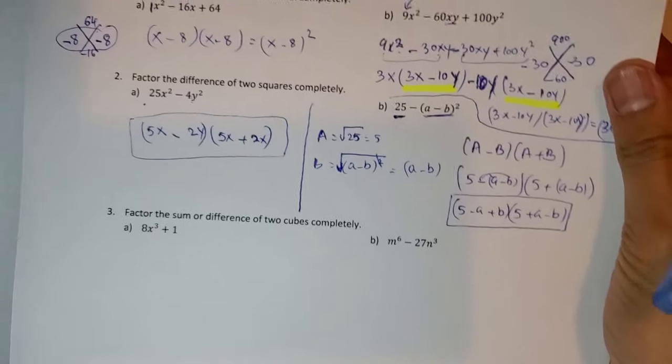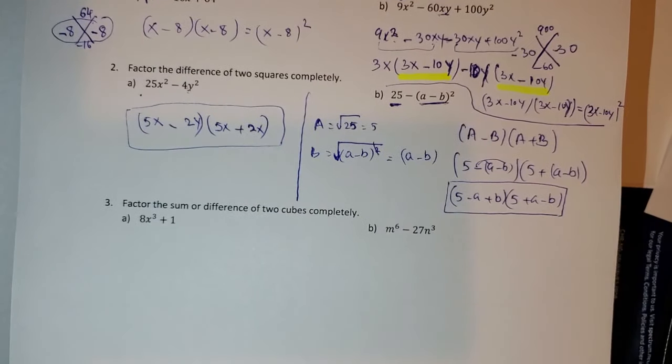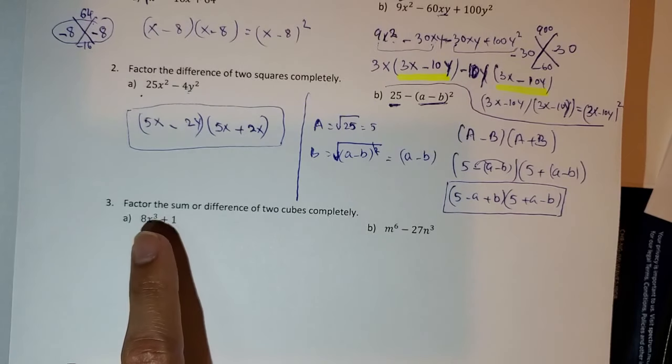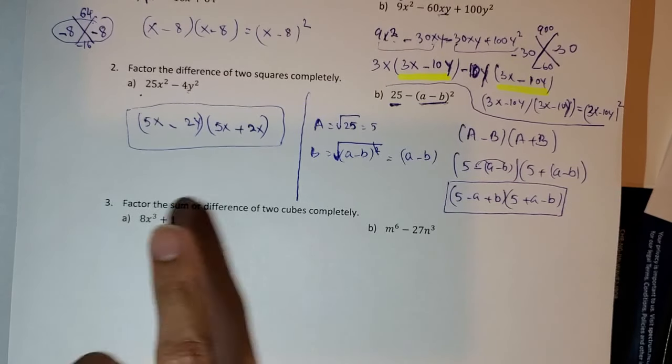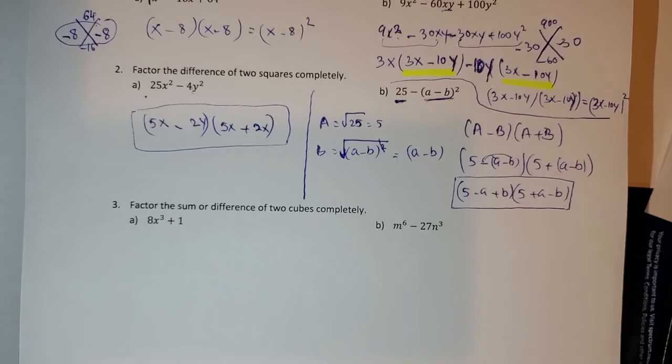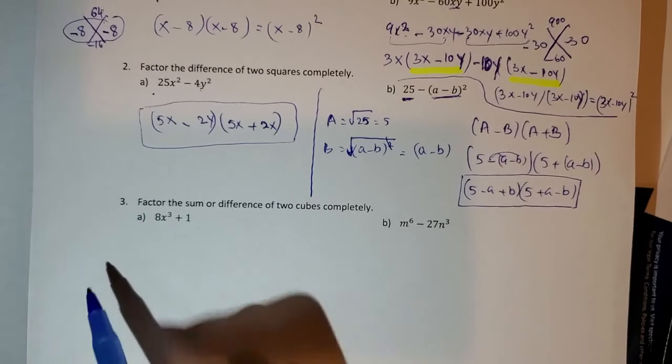The next one here, based on the formula, again, without the formula we cannot do this one. So this is the sum of two cubes, and this one the difference of two cubes. To do this, we need to find a and b.